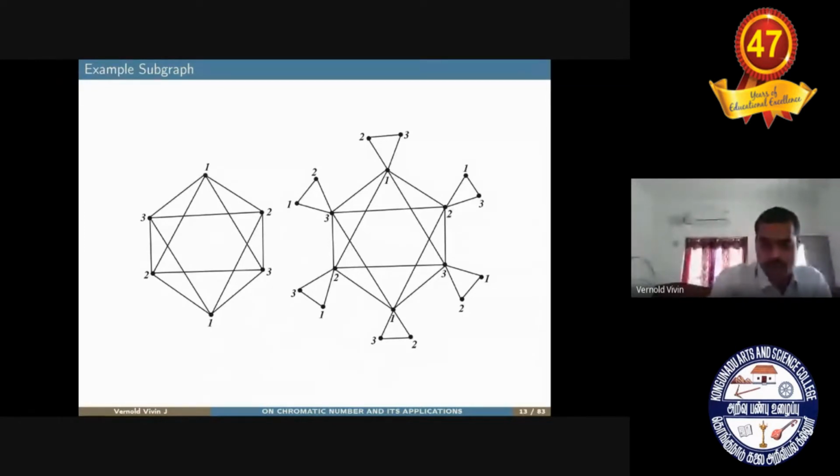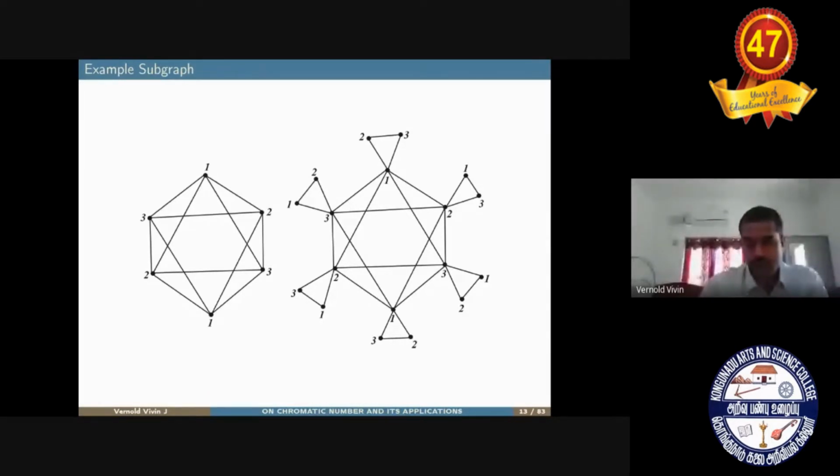Or if you take a single point, that is also a subgraph. But the vertex set of H should be smaller than the vertex set of G. And then for edges, we have to take fewer edges, and their relationship should be maintained. Okay, this is an example of a subgraph.